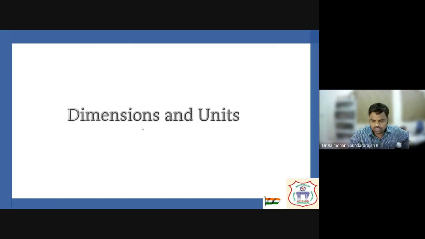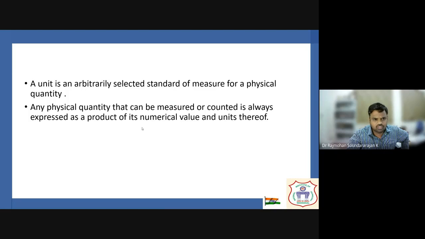Now we will see what other unit systems are available. To start with, dimensions and units. What is a unit? A unit is an arbitrarily selected standard of measure for a physical quantity. Any physical quantity that can be measured or counted is always expressed as a product of its numerical value and the units thereof.